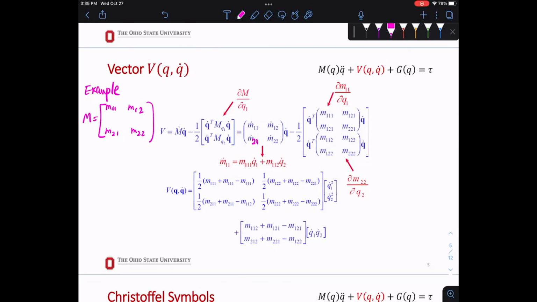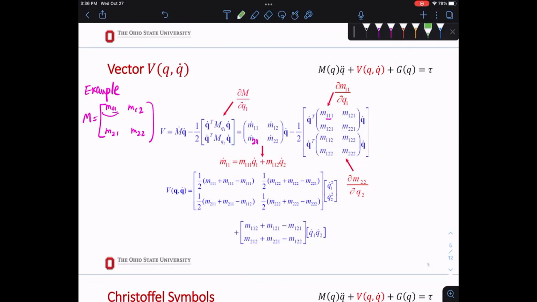All right. Then the next one, if you remember, we had the partial differential of M with respect to Q1. We are going to use this notation, so we are going to element-wise get the partial differential. M11 with respect to your first joint, we are going to show as M111.